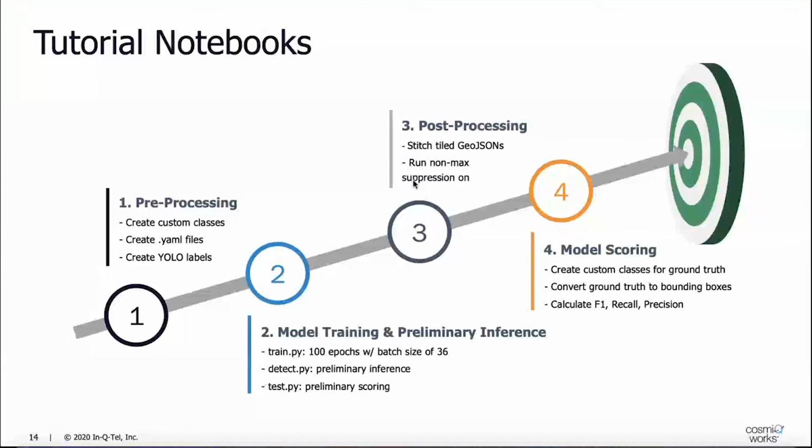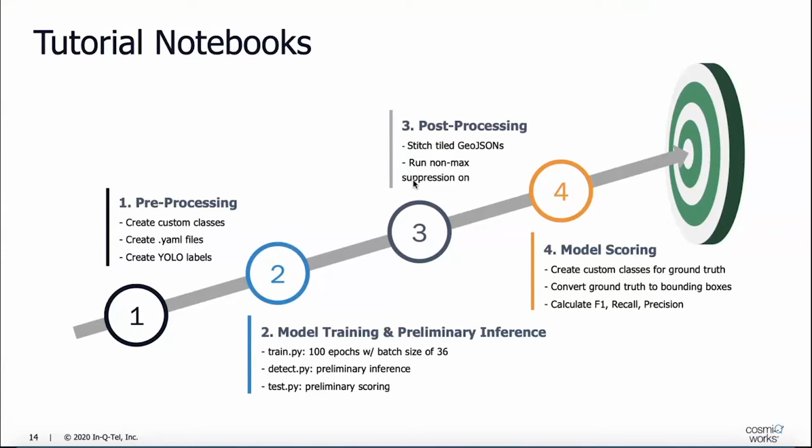And this, again, is run through a simple bash command, and it takes a couple of minutes on 2,700 images, which is pretty impressive. And then last but not least, test.py, which is evaluation on the tiled images. So it's not as robust as if you were to evaluate on the whole airfield images themselves, but it gives you a preliminary barometer of how your model did.